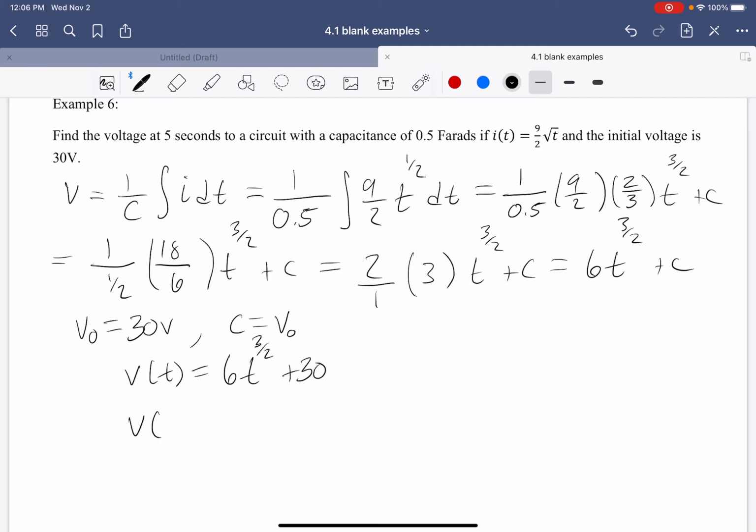And we're asked to find v of 5. So 6 times 5 to the 3/2 plus 30. Now that is the exact value. If we were wanting to approximate, which since this is an application, I'm okay with approximating, that is approximately 97 volts.